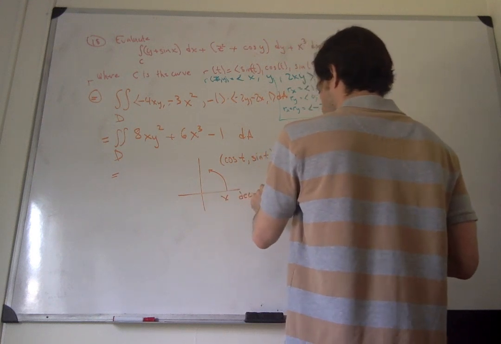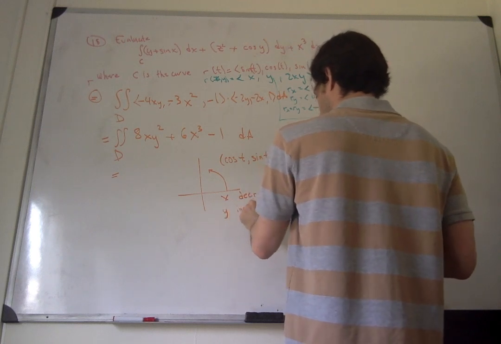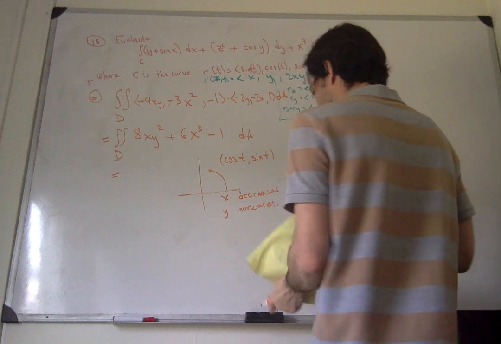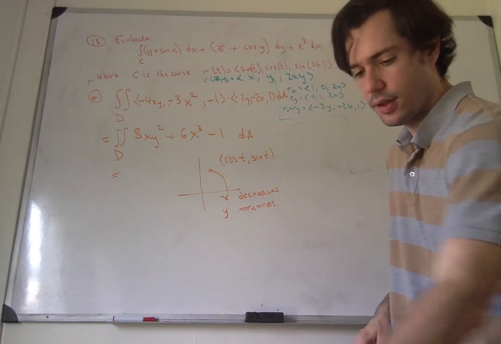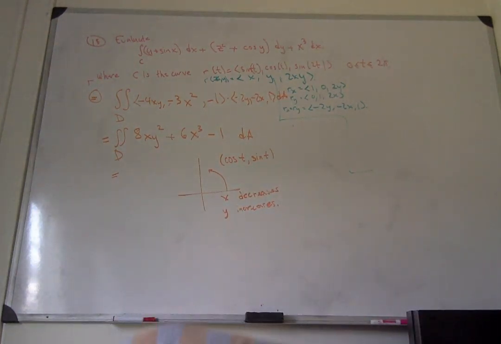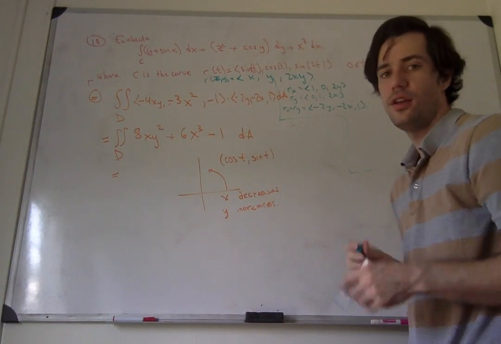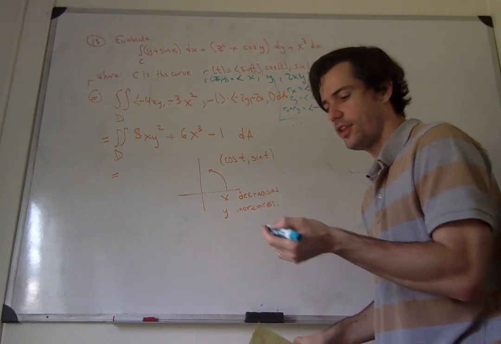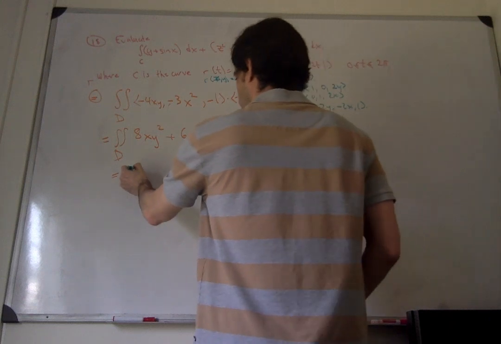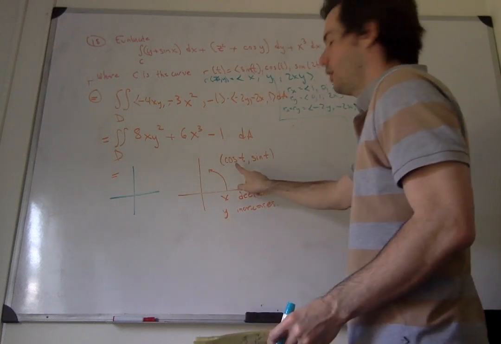So x decreases and y increases. Now, if you simply swap sine and cosine, you're going to swap the order of the thing you trace, right? So what we have is sine and cosine, not cosine and sine.